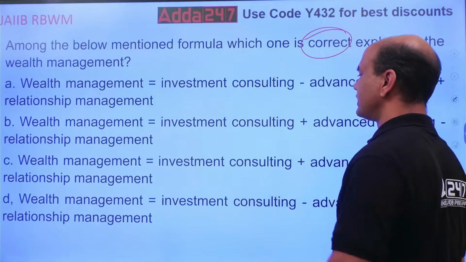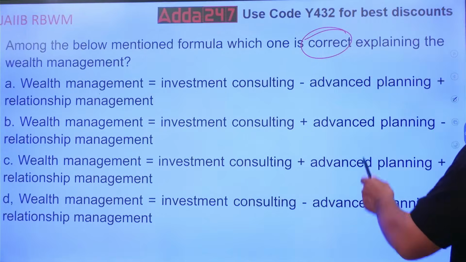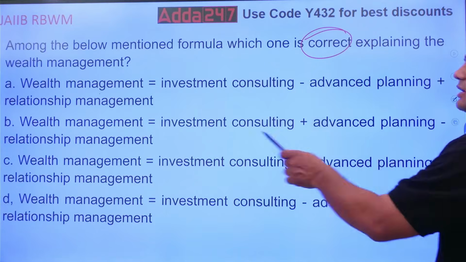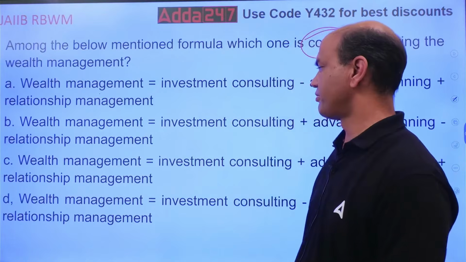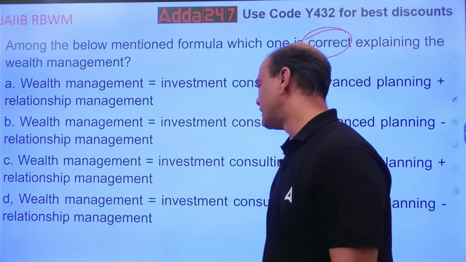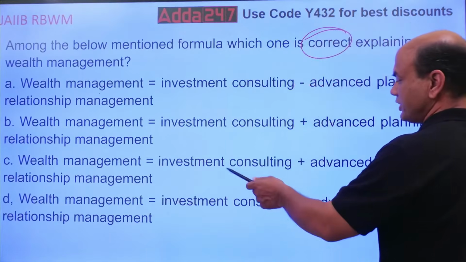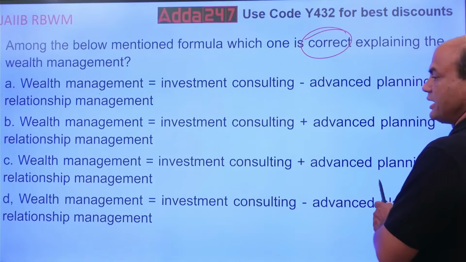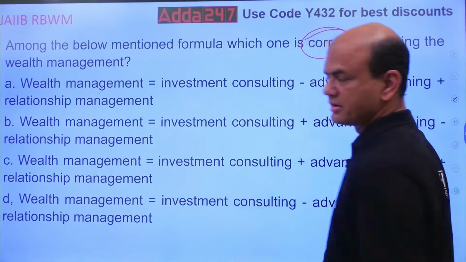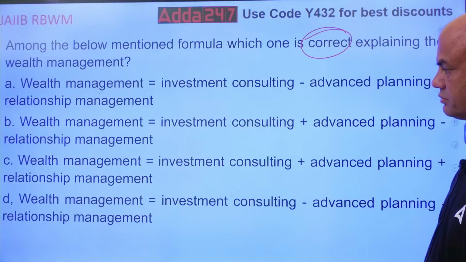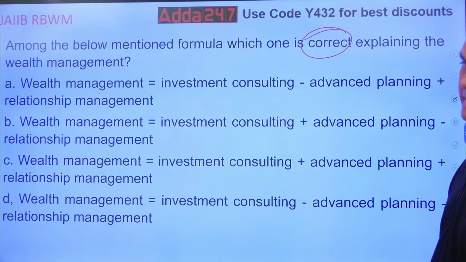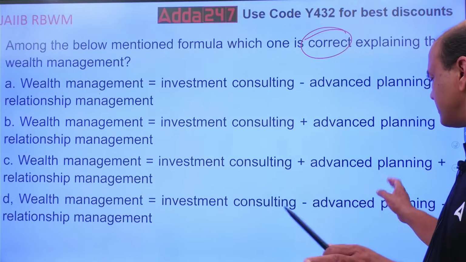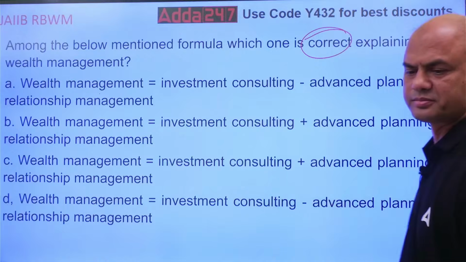B: Wealth management equals investment consulting plus advanced planning minus relationship management. You don't have to maintain the relationship. C: Wealth management equals investment consulting plus advanced planning plus relationship management. And D: Wealth management equals investment consulting minus advanced planning minus relationship management. So you don't require relationship, you don't require advanced planning either.